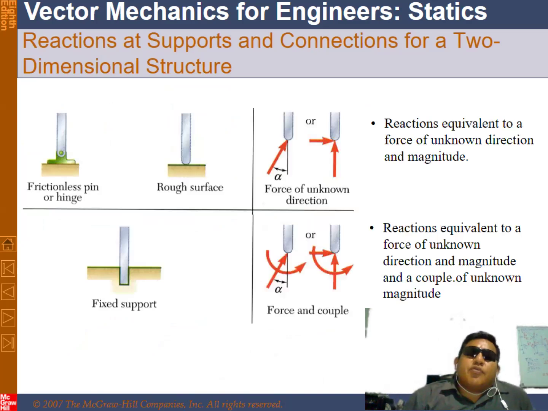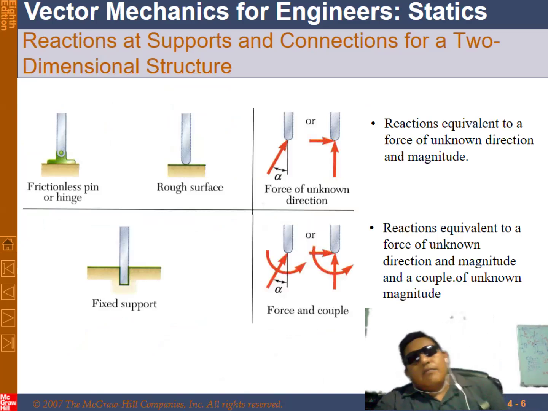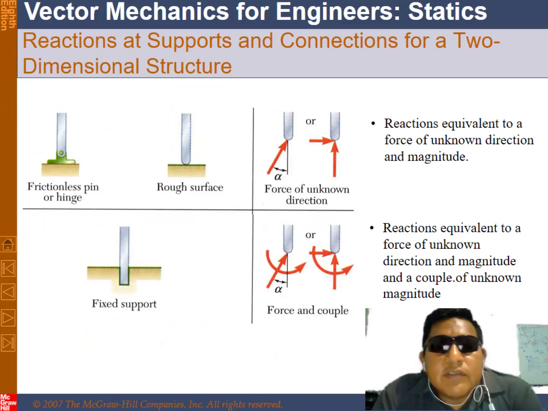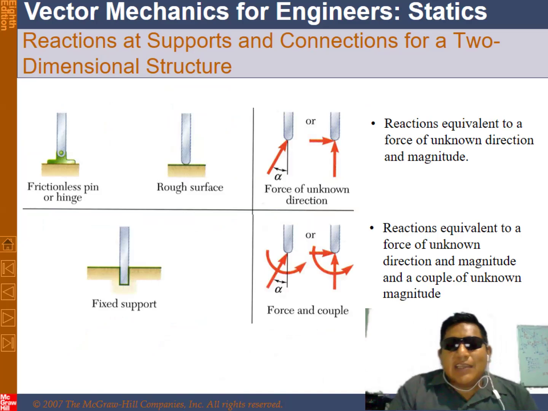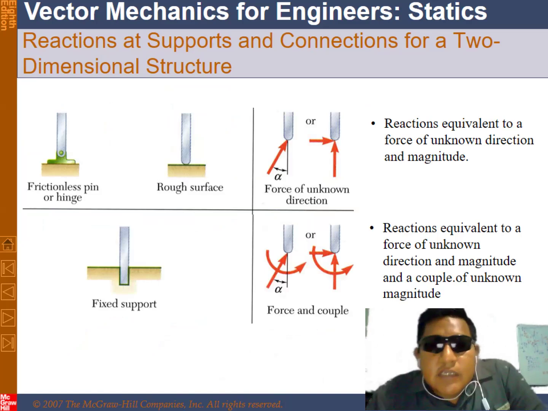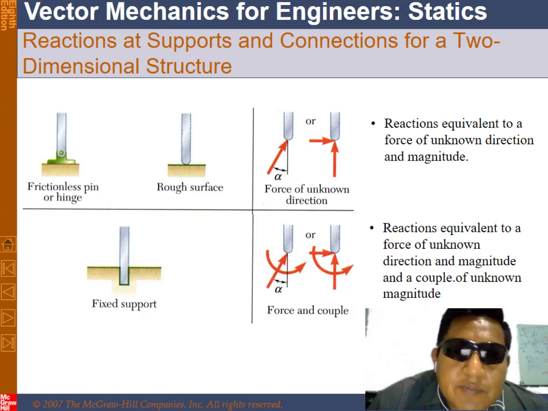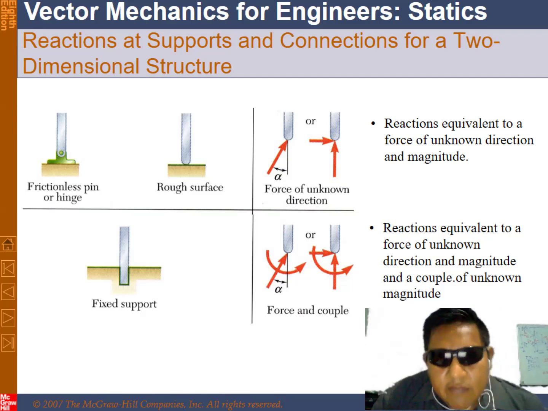Reaction as support and connection for the two-dimensional structure. You can review the stationary pin of the rough surface. It's important because you can represent it in the same way. For example, this reaction at this point you can represent in the figure, for the elements where you have an angle.